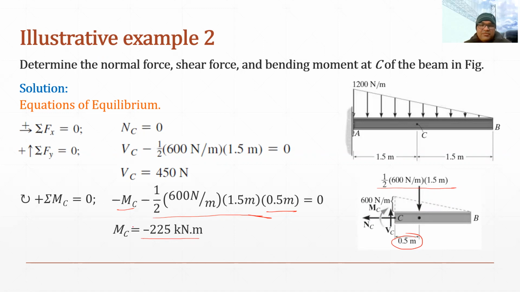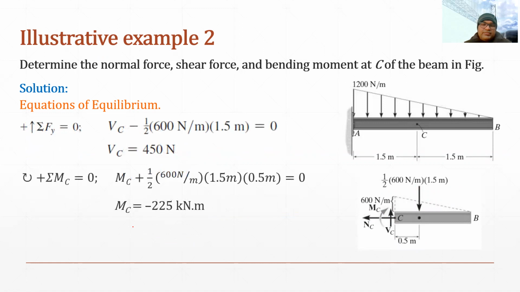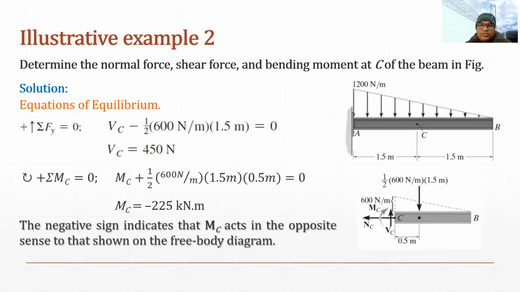This negative here means that MC will act in the opposite sense to that shown on the free body diagram. In the free body diagram, we assumed that MC will be clockwise, but it is actually anti-clockwise.